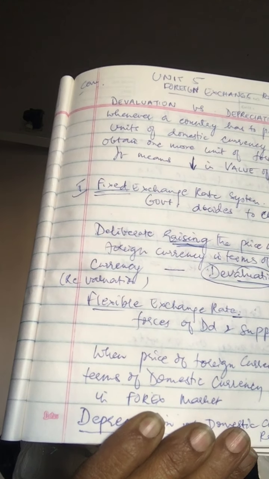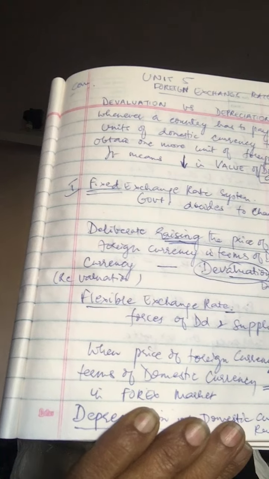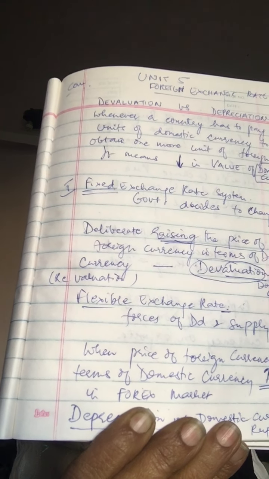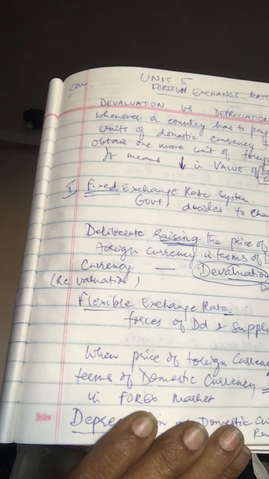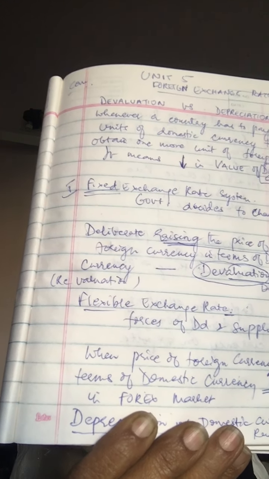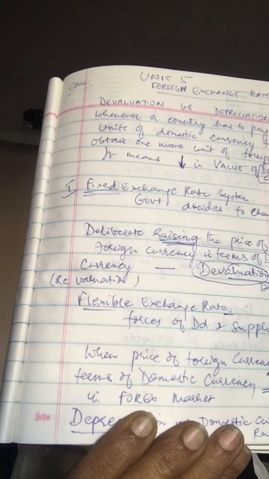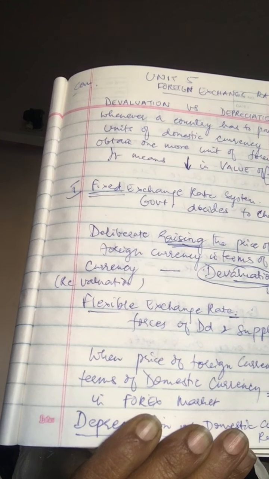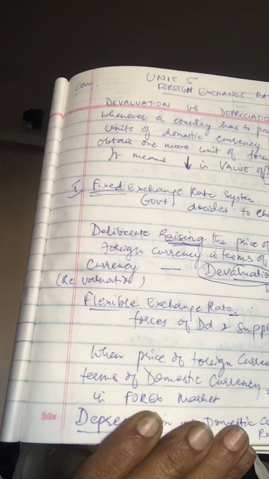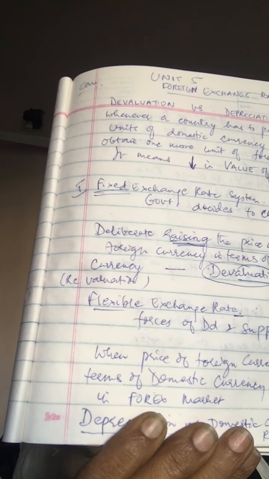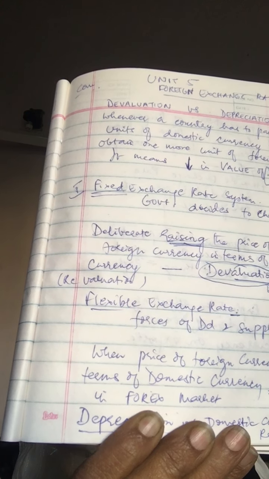Or explaining it further, depreciation refers to a fall in the price of domestic currency in terms of foreign currency in the foreign exchange market. Let's take an example. If the price of $1 rises from rupees 60 to rupees 70, the Indian rupee depreciates.